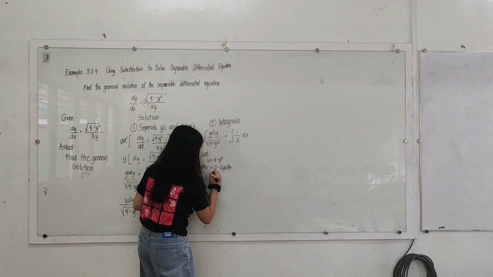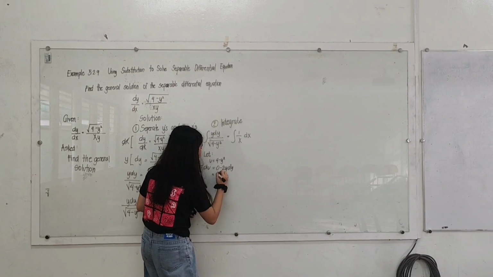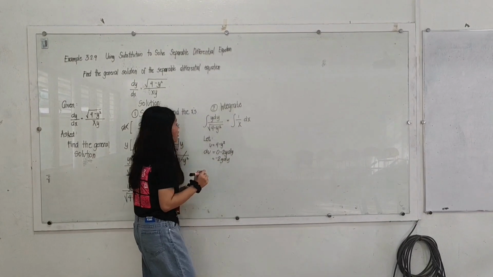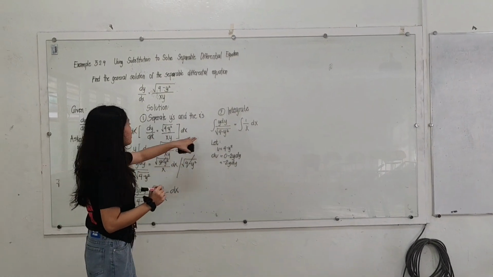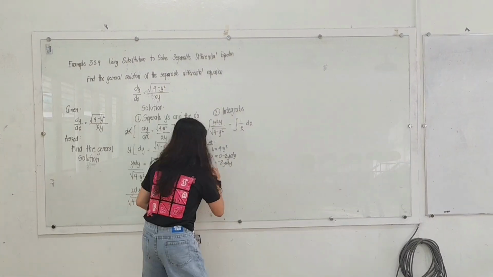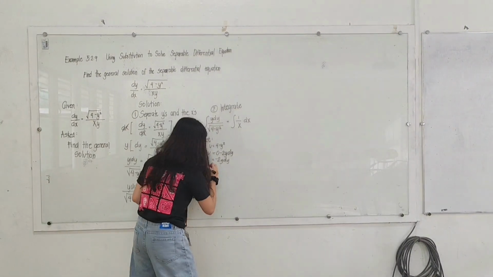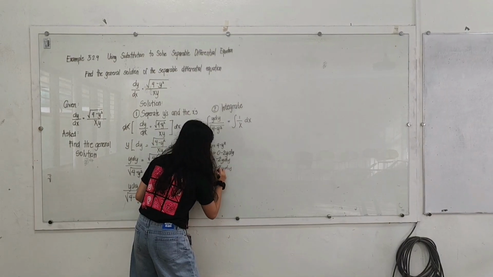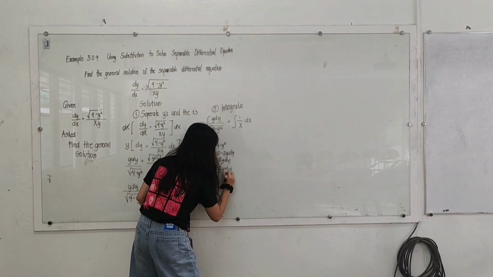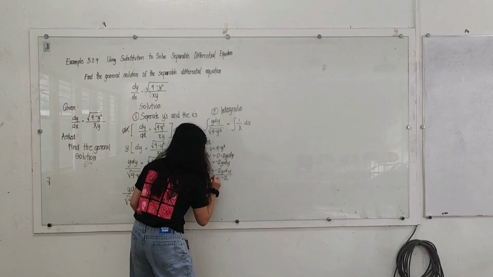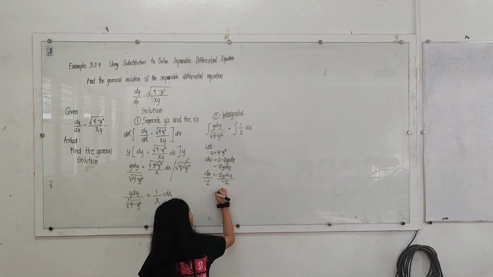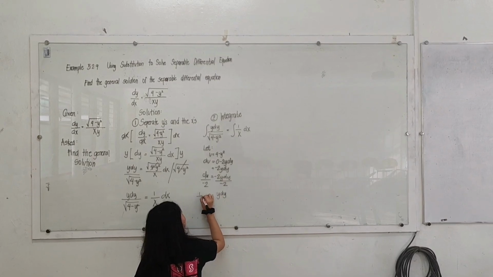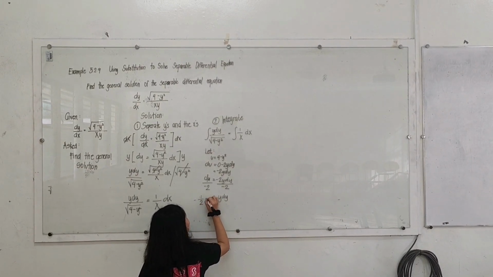So the differentiation of u is negative 2y dy. We also find the y dy. So du equals negative 2y dy. Let's divide both sides by negative 2 so that we have y dy. So y dy is equal to negative 1/2 du.